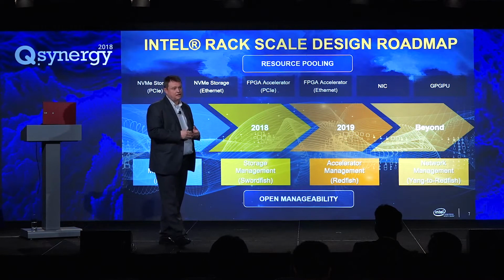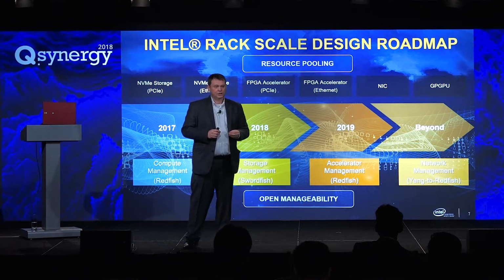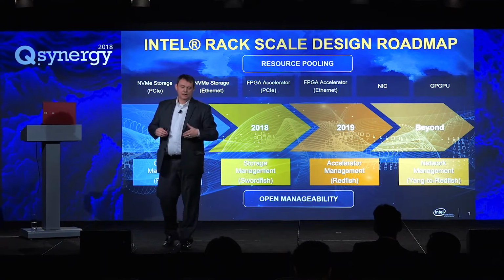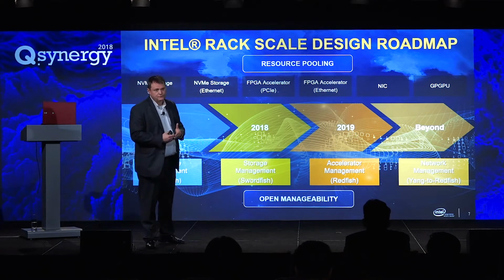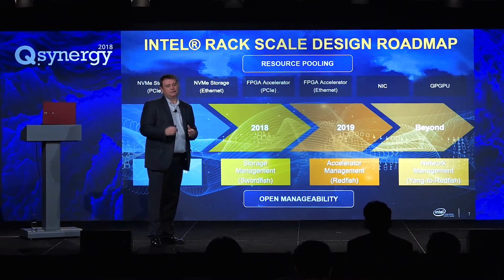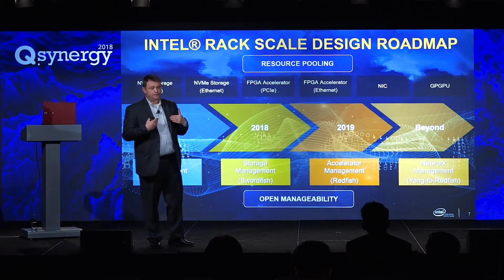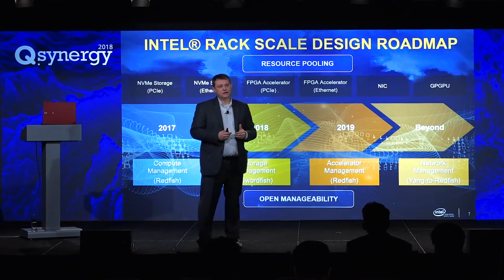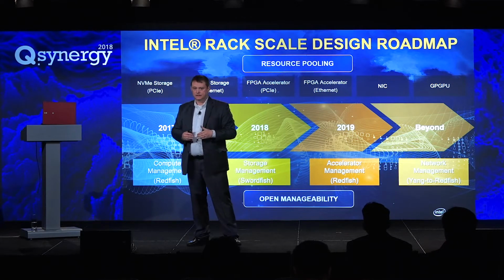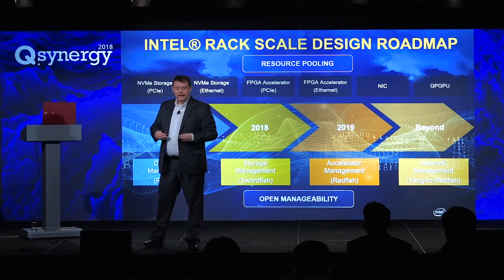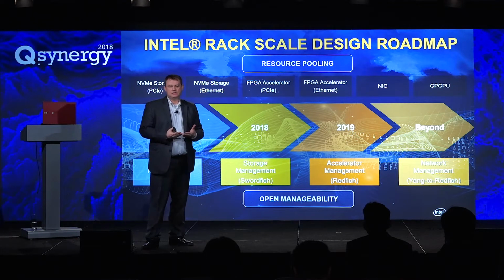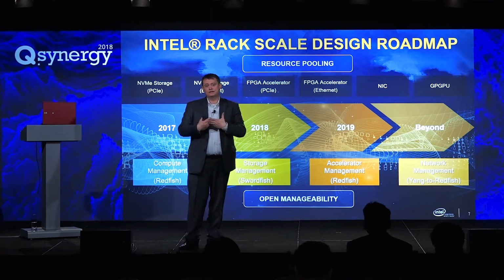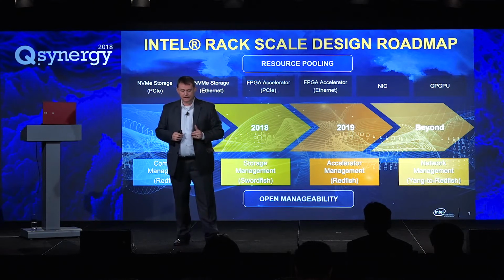We have done that with NVMe storage, both over PCIe as well as over Ethernet. We're working right now on FPGA accelerator pooling, going to release by the end of the year. We're demonstrating some of that here at this event already over PCIe. And we have created the standard to allow FPGA pooling over Ethernet as well, over RDMA.